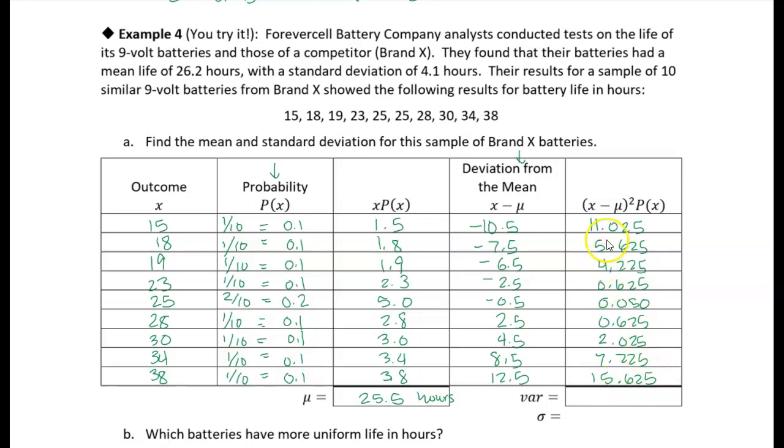Okay. And then when we add those all up, what we get is the variance, right? I add those all up, I got 47.05. Okay. So the units were hours, right?